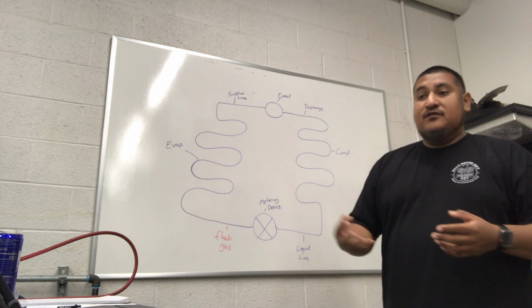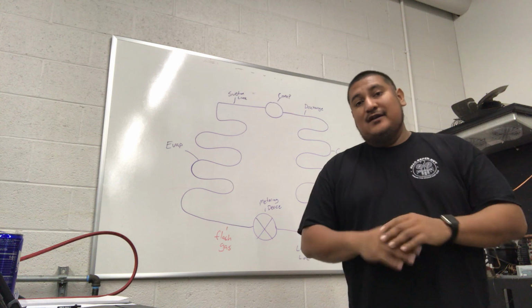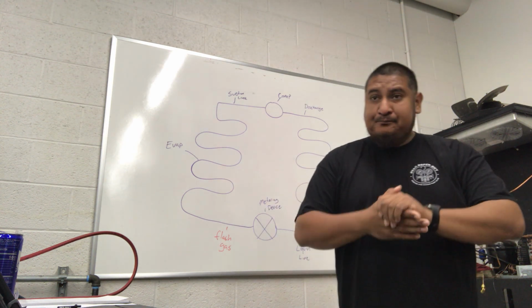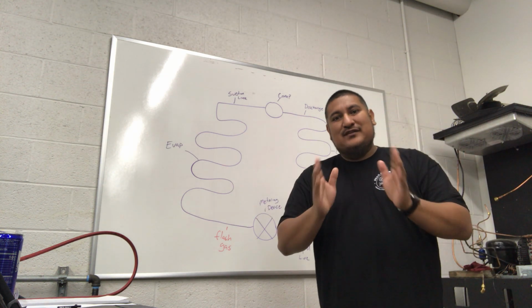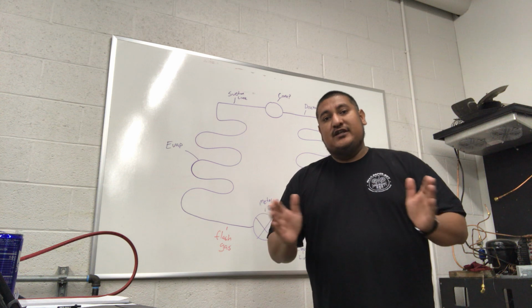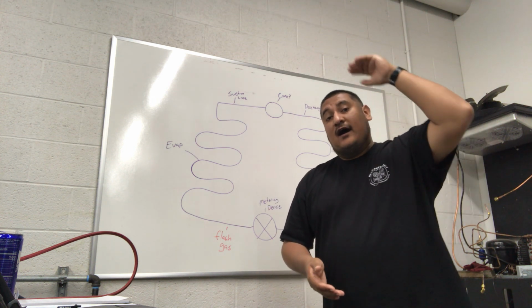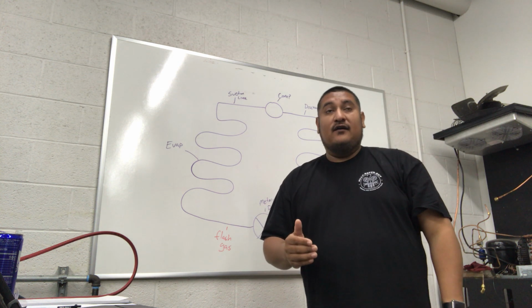When we're talking about the refrigeration cycle or air conditioning cycle, it's never going to change. It's always going to be the exact same thing. There are a lot of exceptions to that, but the basic cycle will never change. You will always have these four components, no matter how low you are or how high you are in the trade.